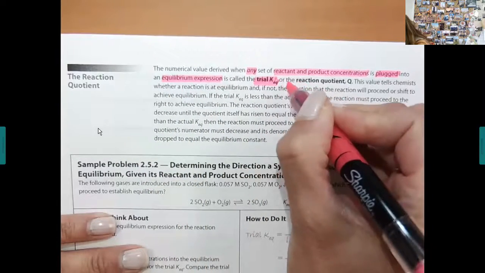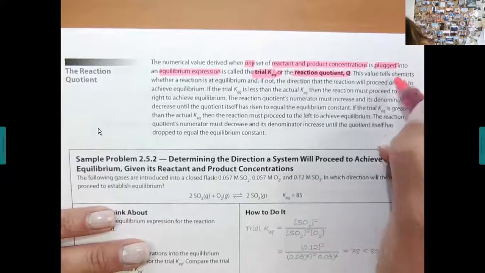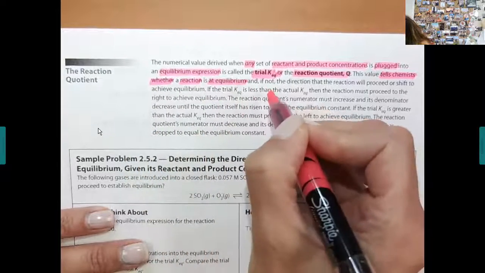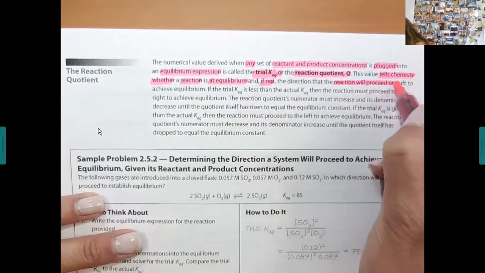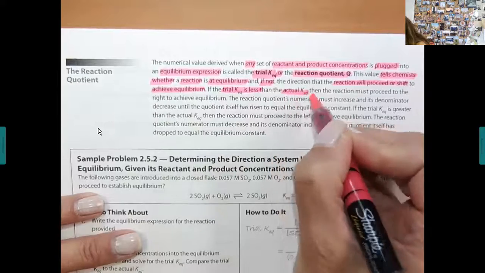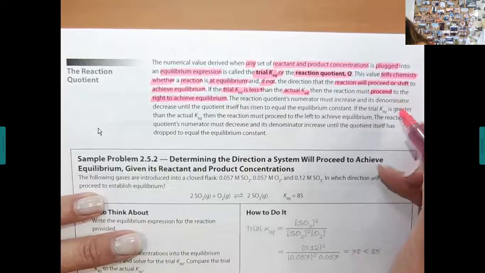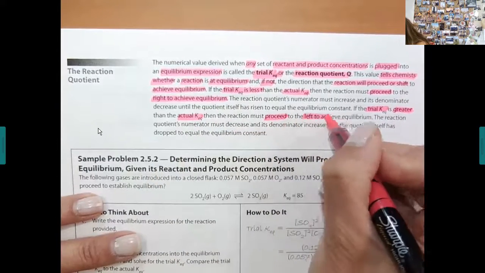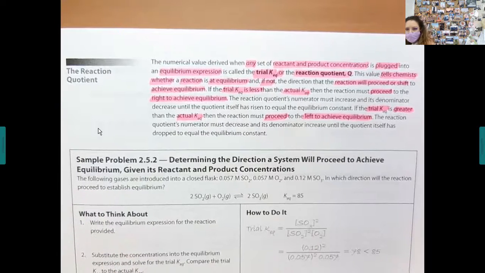And this is known as the trial KEQ or the reaction quotient Q. They mean the same thing. So this tells us whether a reaction is at equilibrium or not. If not, the reaction will proceed or shift to achieve equilibrium. So if the trial KEQ is less than the actual, then we have to proceed to the right to achieve equilibrium. If the trial KEQ is greater than the actual KEQ, then we have to proceed to the left to achieve equilibrium.